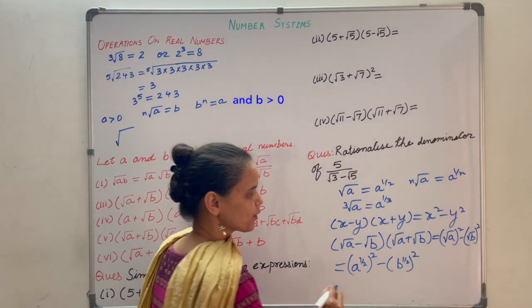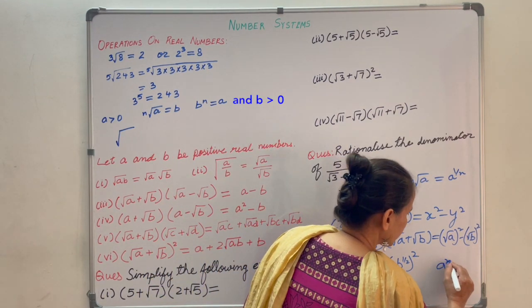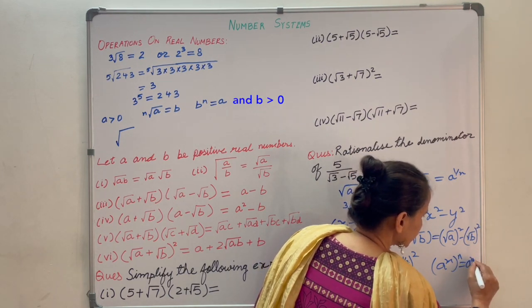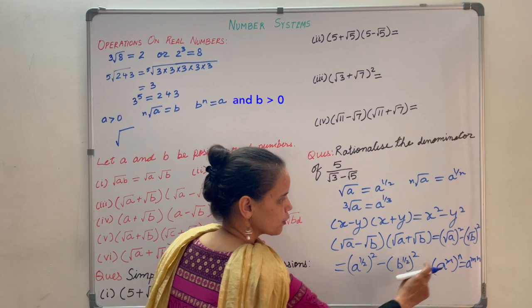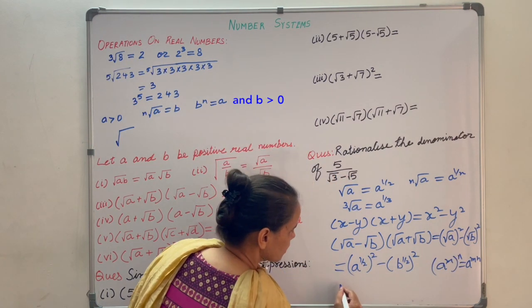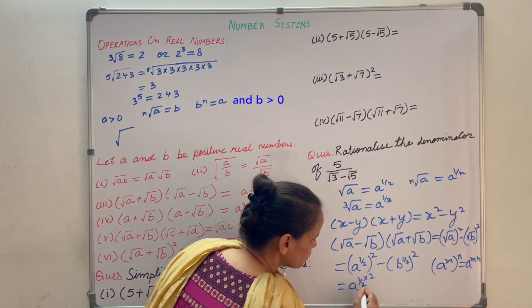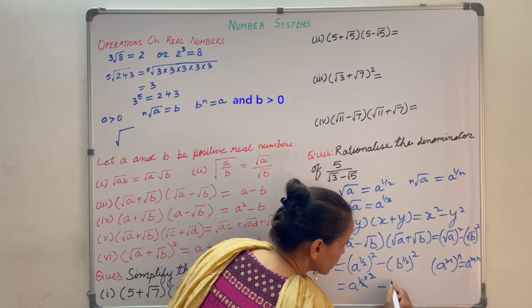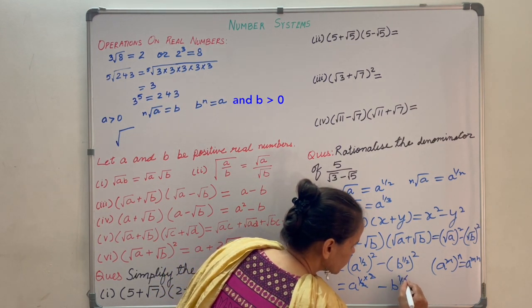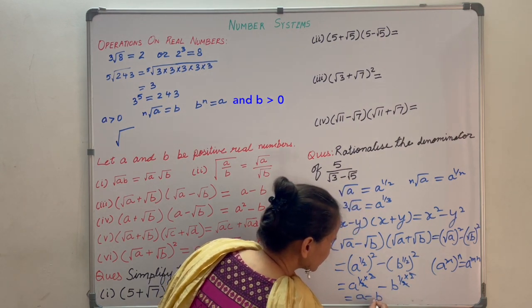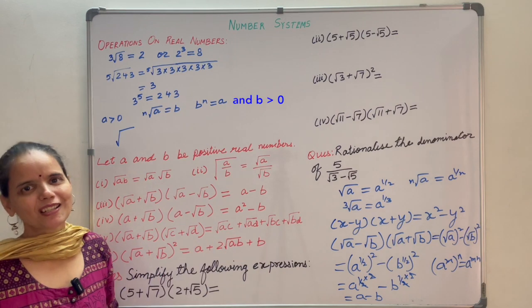Again we are going to use one law, power of a power: (a raised power m) whole raised power n is equal to a raised power m into n. So you just multiply the powers. Here you will get a raised power 1 by 2 into 2, so you can cancel this, minus b raised power 1 by 2 into 2, you can cancel this. What do you get? a minus b, just written over here.